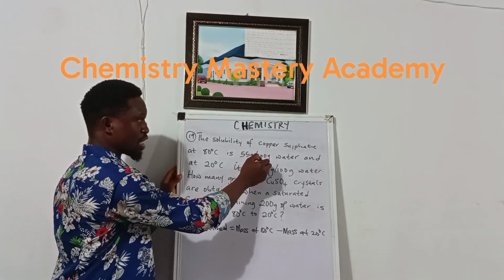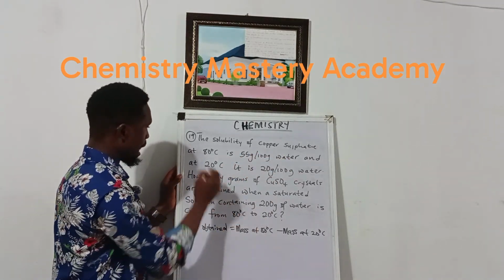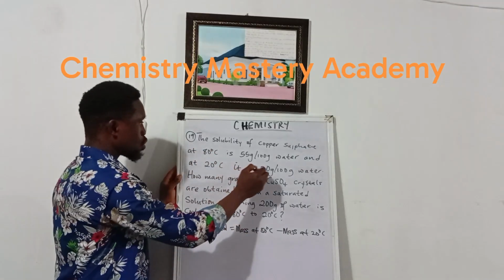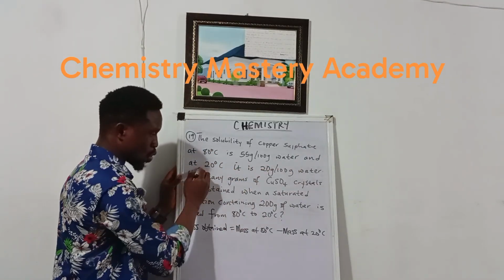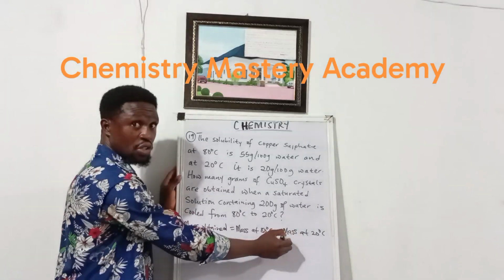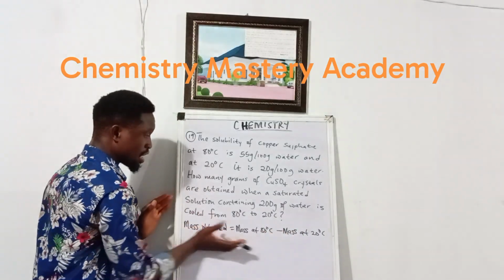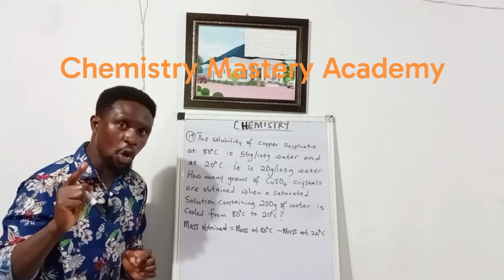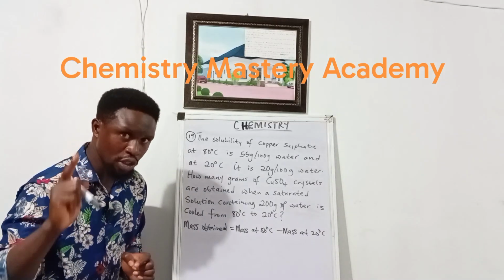55 gram per 100 gram water at 80 degrees Celsius. Okay? 20 gram per 100 gram water at 20 degrees Celsius. Okay? So, this is when we are looking at it at 100 gram of water.